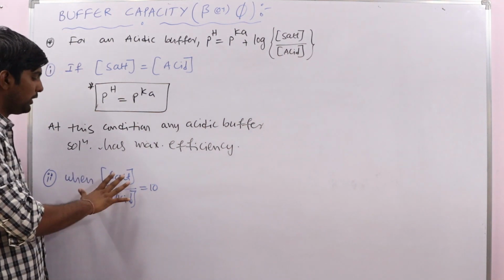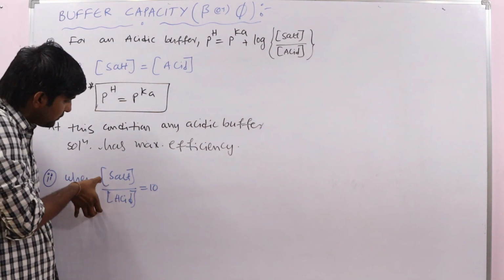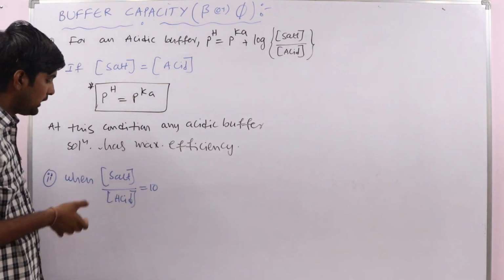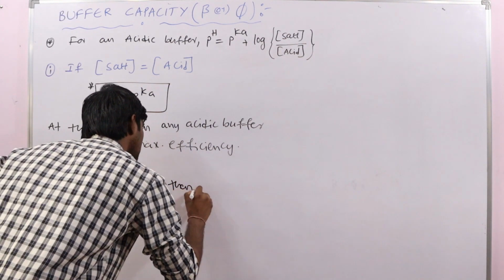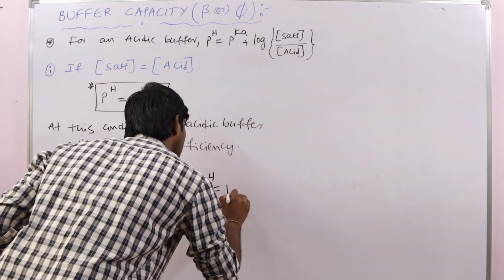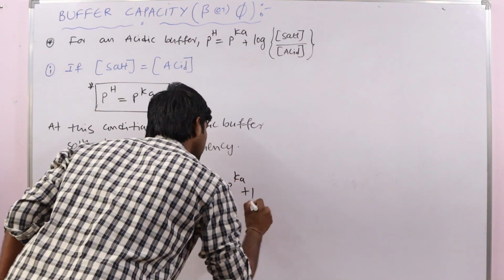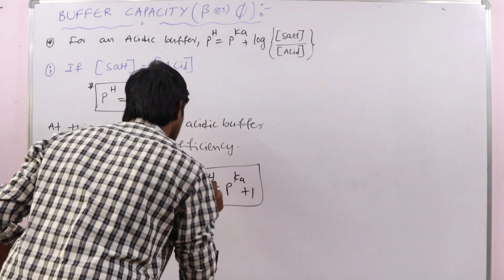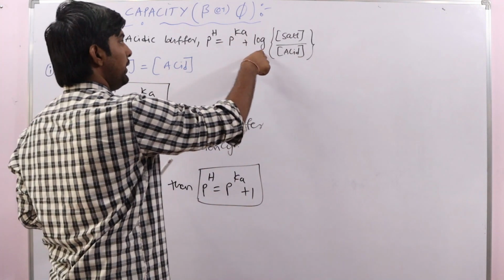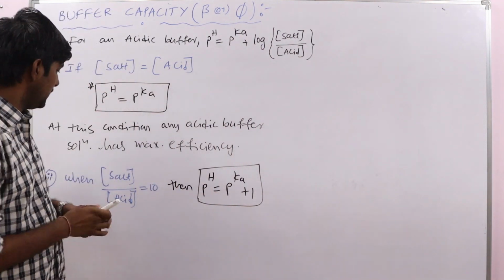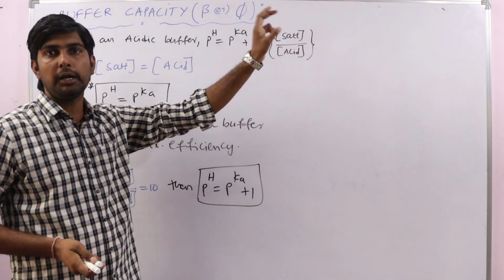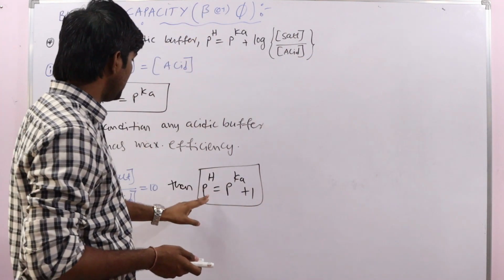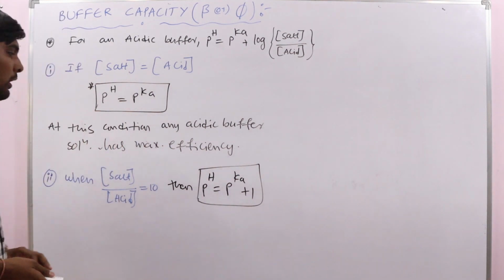Whatever the value, if this ratio equals 10, in that case we get pH equal to pKa plus 1. Yes or no? Log 10 base 10 is equal to 1. In the place of salt by acid we put 10, log 10 base 10 is 1. So then we get pH equal to pKa plus 1.